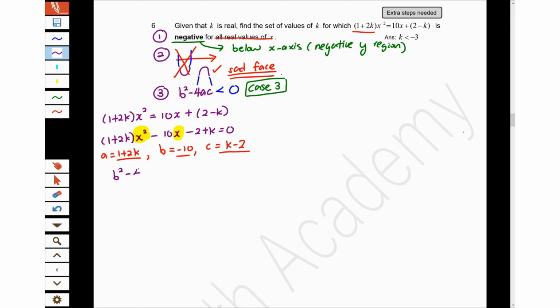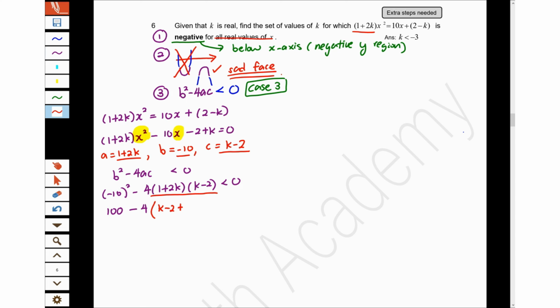Remember, your discriminant is less than 0. Let's do substitution. So B squared minus 4 times A times C. Be careful of the 4 times A times C. You have a triple expansion. To be on the safe side, I'm just going to keep my negative 4 and expand just the 2 brackets first.